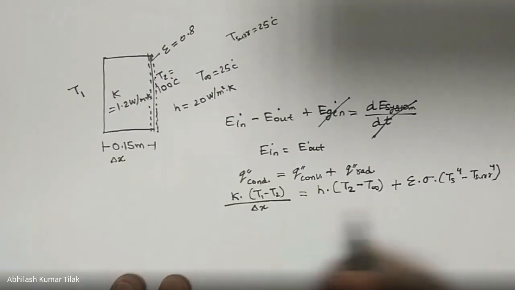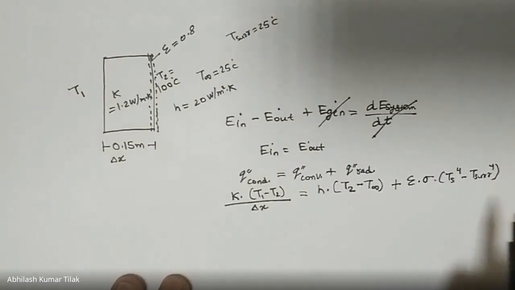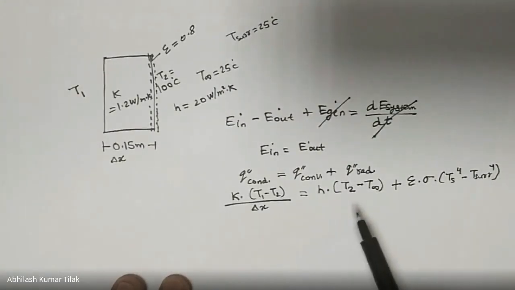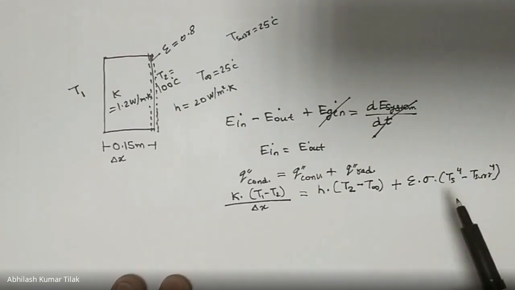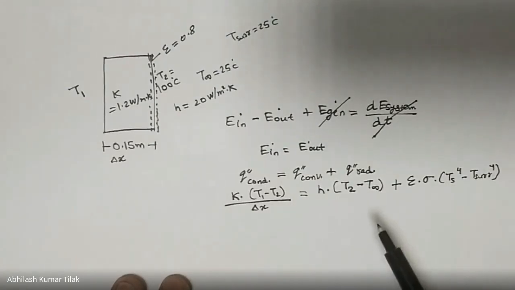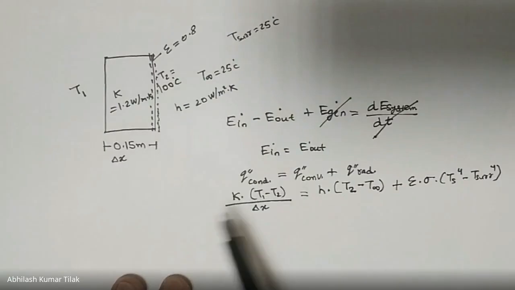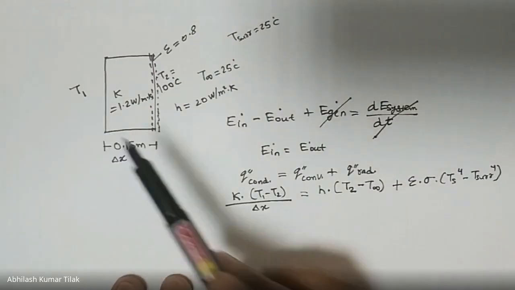Now from this equation, I can determine, for the given values of T2, T infinity, h, k, delta x, and epsilon, the value of the inner brick wall temperature. So you can put the values here.